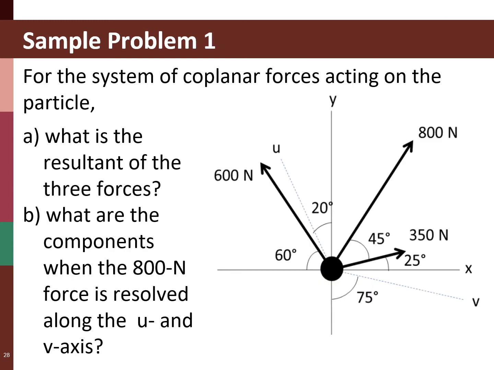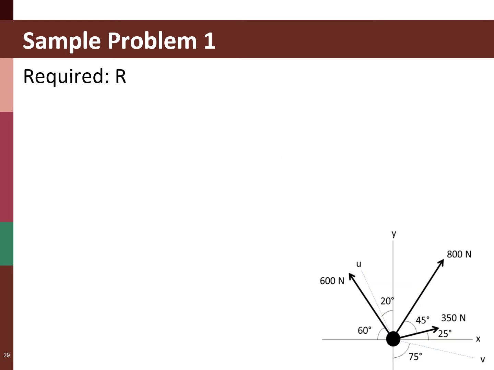For the system of coplanar forces acting on the particle, what is the resultant of the three forces, and what are the components when the 800 Newton force is resolved along the U and V axis? For the first part of the problem, we are required to solve for the resultant.